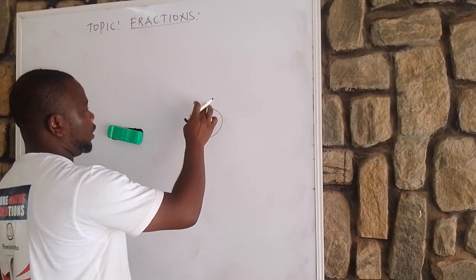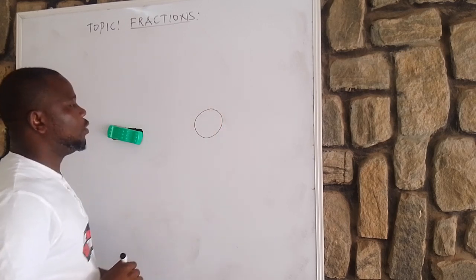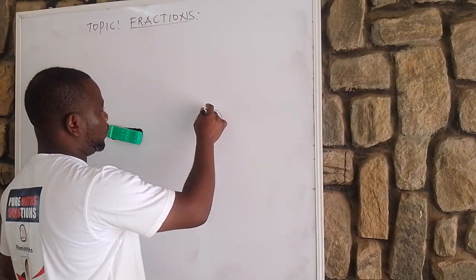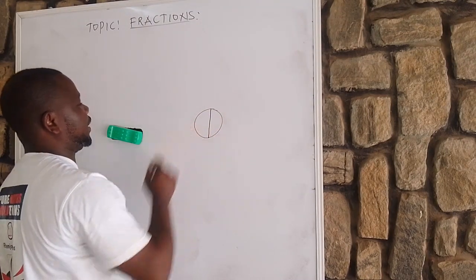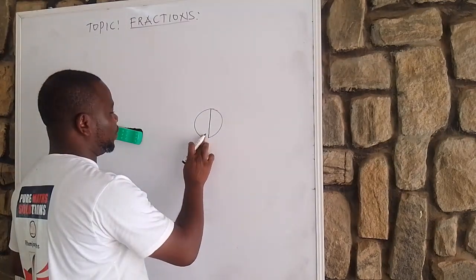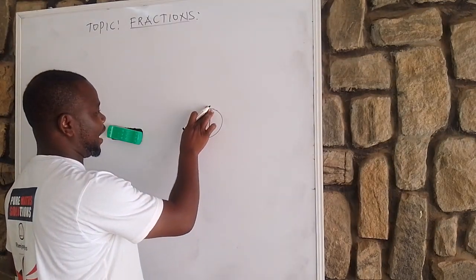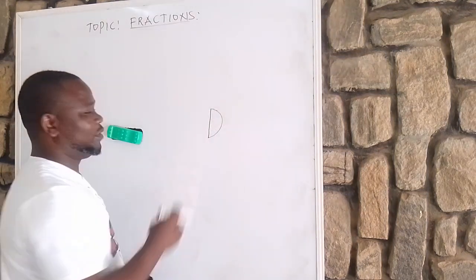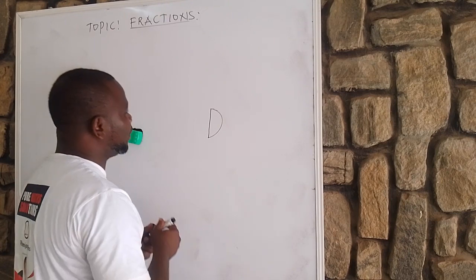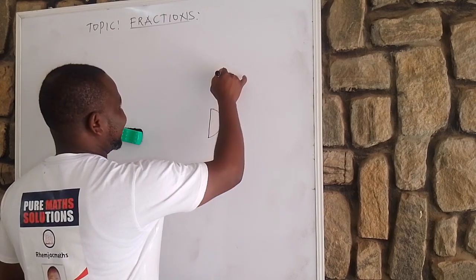If they want to cook, they will divide this onion into parts. You know that fraction is also known as parts.